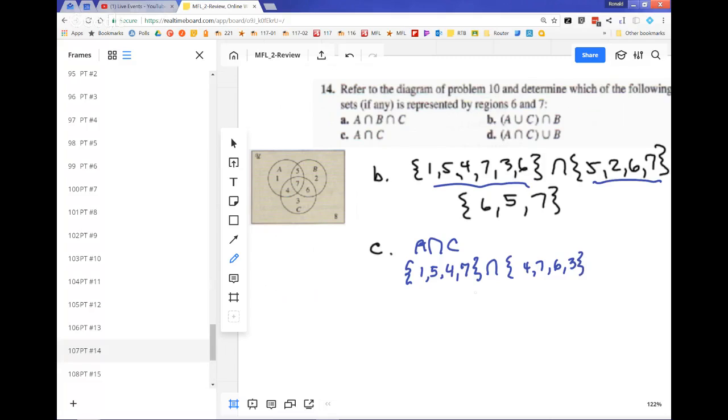So now what's the intersection of those two? What's in common? The 7 and 4. Correct. Okay, so that's that. We're done with C now.